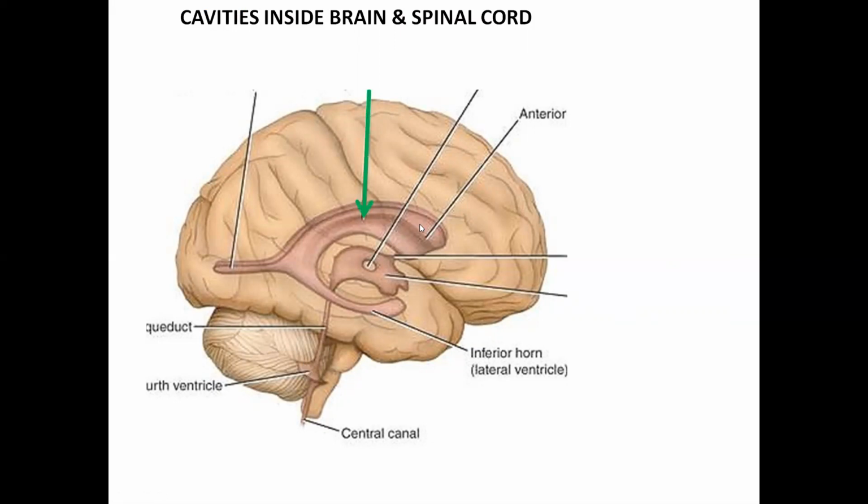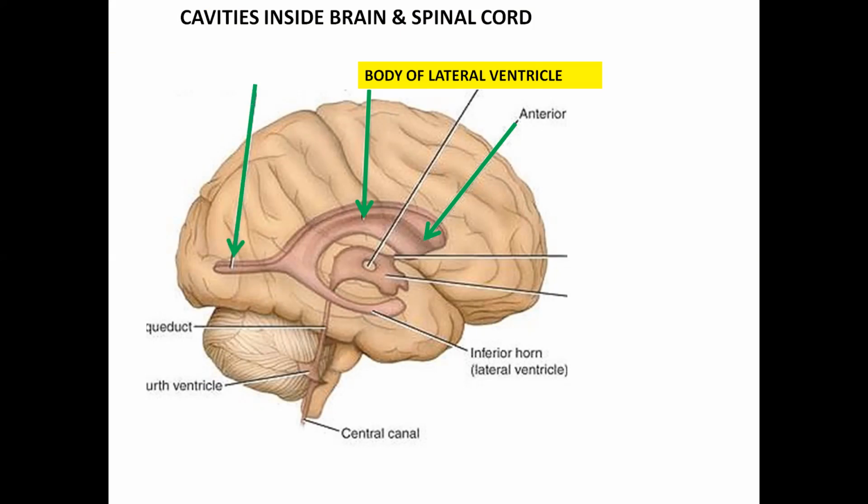Okay. So the lateral ventricle situated within each cerebral hemisphere, as I told you, is C-shaped. The main part, the body of the lateral ventricle, lies within the parietal lobe. But it is not confined to the parietal lobe. It extends forward into the frontal lobe, where it is called anterior horn.